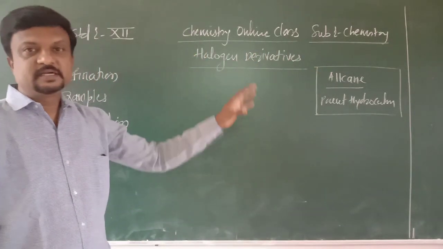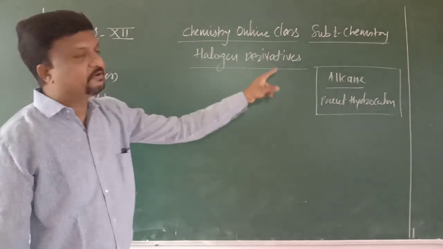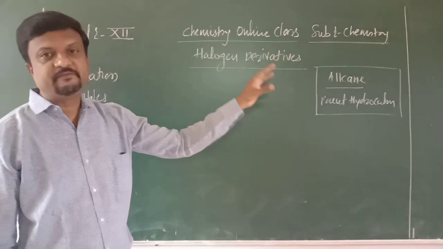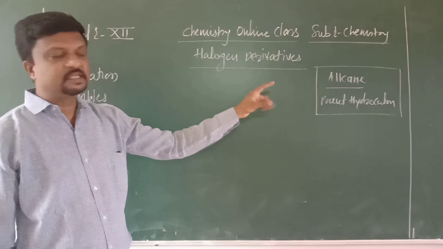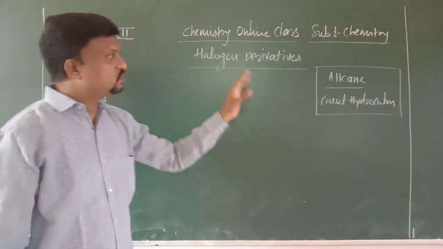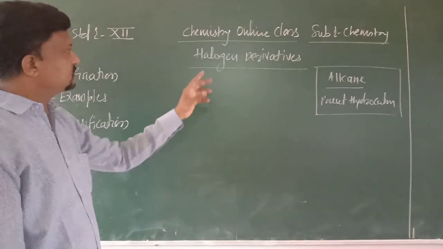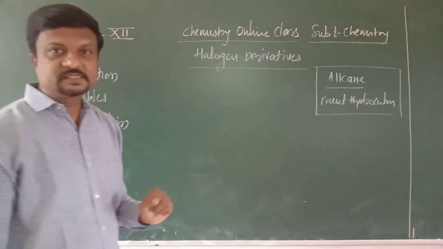If it is having the aliphatic nature, we can say that it is the halogen derivative of alkane, and if it is having the aromatic nature, then it is said to be the halogen derivative of arenes. So we will discuss the definition and classification of this halogen derivative in today's lecture.